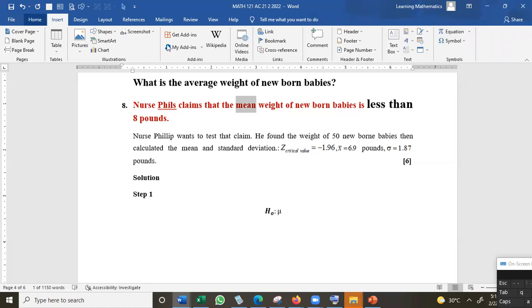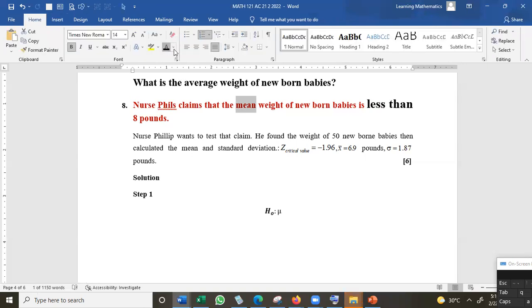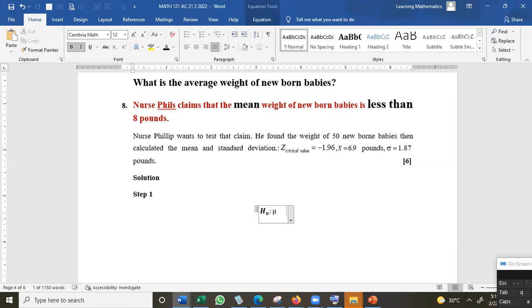The symbol for the mean here is mu, the population mean. M was used for gradient already, so they went to the Greek symbol mu. X bar is for sample. Population mean is mu because that is what is said about the population of newborn babies. So we have to have a symbol there, a blank spot, then 8 pounds.